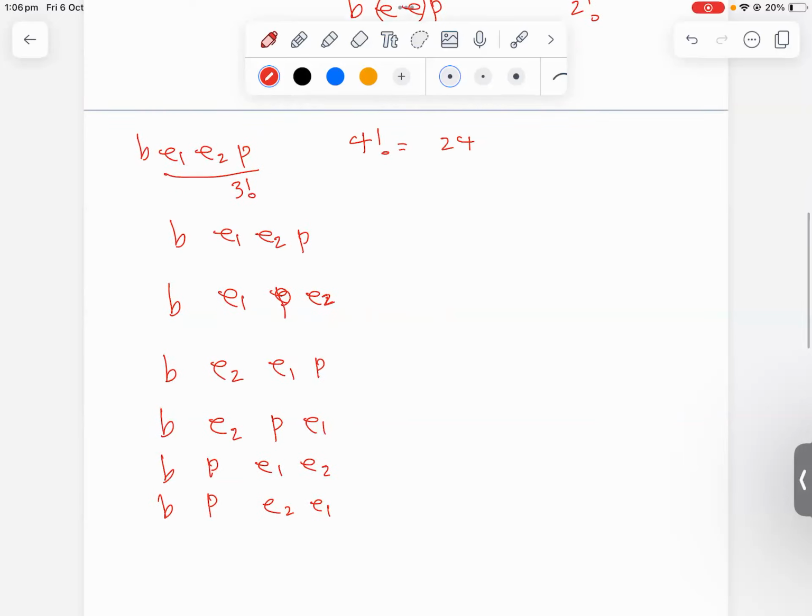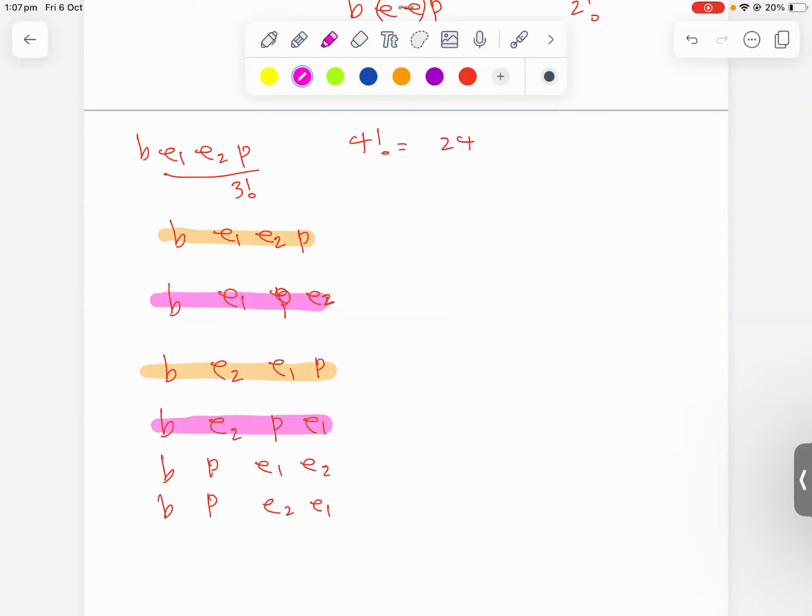Now, here is the thing. I see that this word is the same as this word, and this word is the same as this word without indices, and this word is the same as this word without indices.